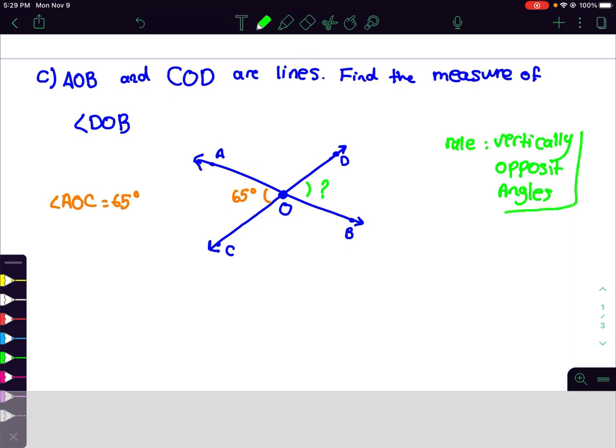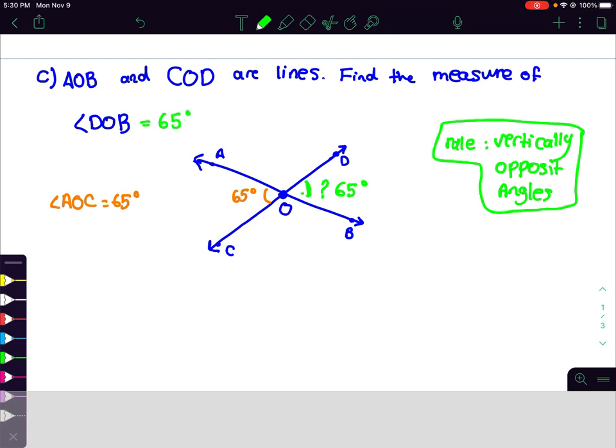This rule explains that these two angles, the green one and the orange one, have the same measurements, correct? So this would also be 65. So DOB is also 65.